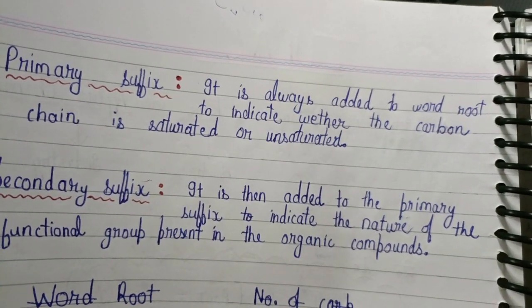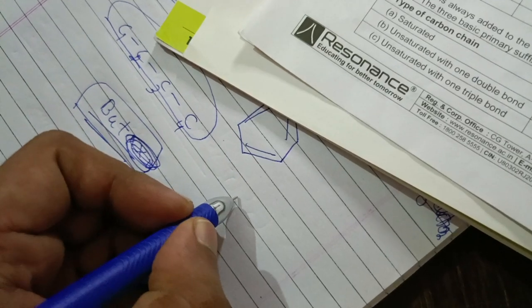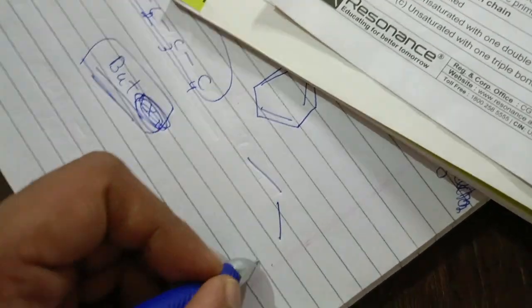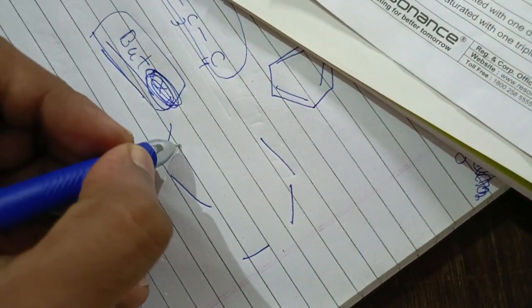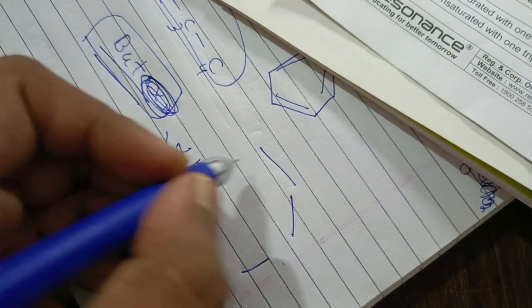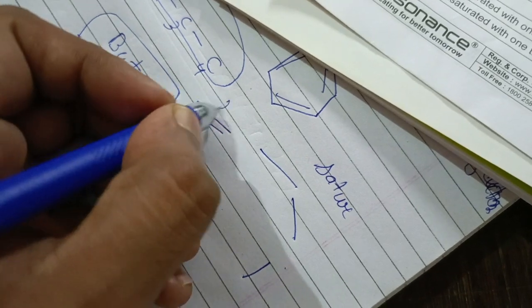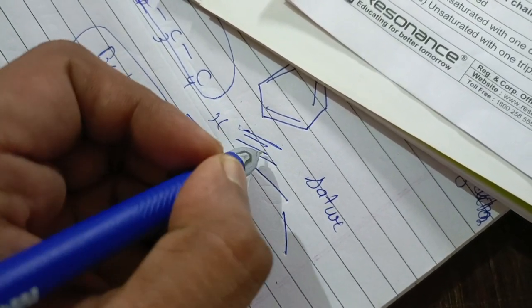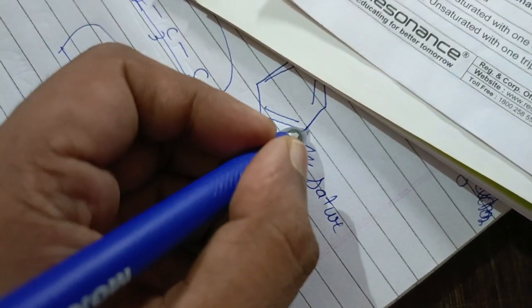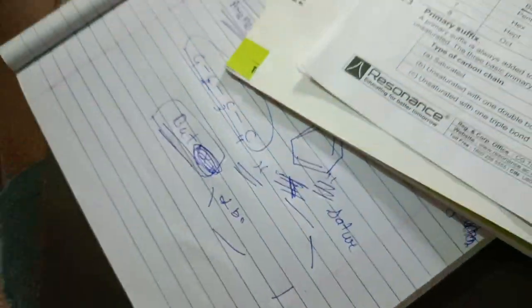It indicates whether the carbon chain is saturated or unsaturated. What's saturated? When the chain is made up of only single bonds, also known as sigma bonds, then it is saturated. But if there is a pi bond or double pi bond, it's unsaturated. That's simple.